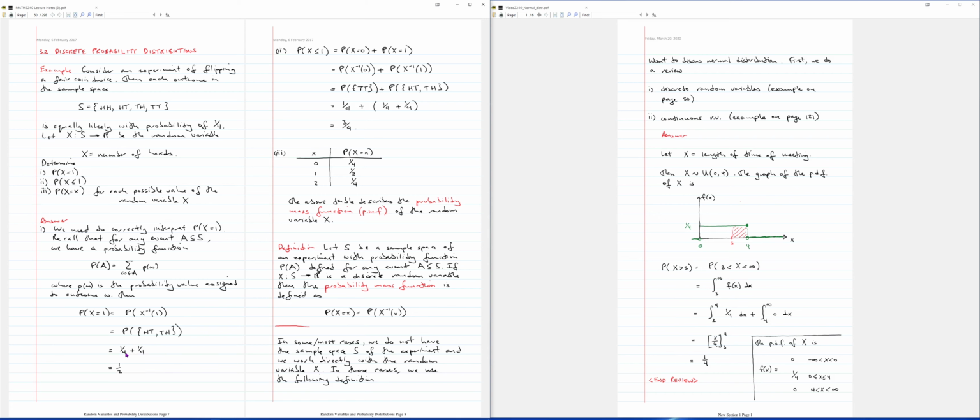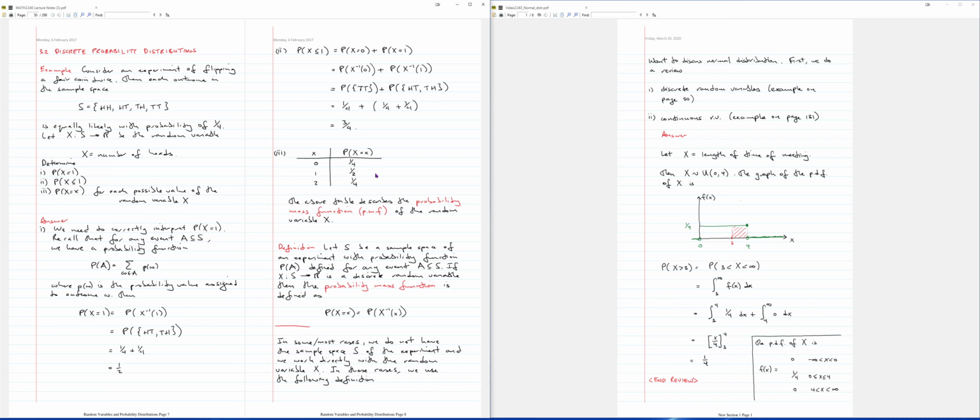Each has probability a quarter, so the probability X equals 1 is a quarter plus a quarter, which is a half. You can work out the probabilities for each case. The possible values of X are 0, 1, and 2. We just saw that the probability X equals 1 is a half, and similarly, you could work out the probability X equals 0 as a quarter and the probability X equals 2 as a quarter.